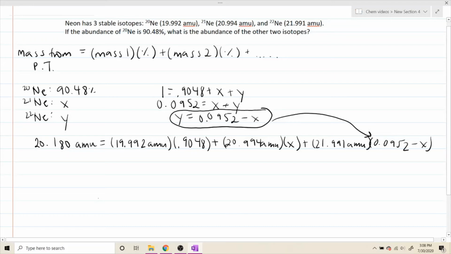The next thing you want to do is simplify this line, and you can combine things with an X and just numerical values. So for this first one, you get 18.089. Here it's the same thing times X. And here you want to distribute the 21.991 to both terms.